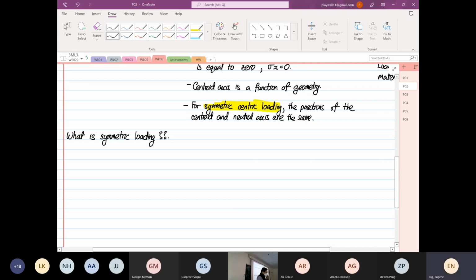I'm going to draw two structures for you to have a look. I'll draw the axis: X, Y, rotation about Z. Both beams I'm going to draw are simply supported.